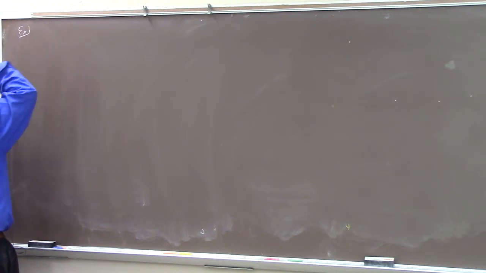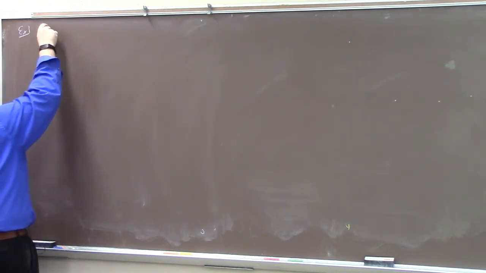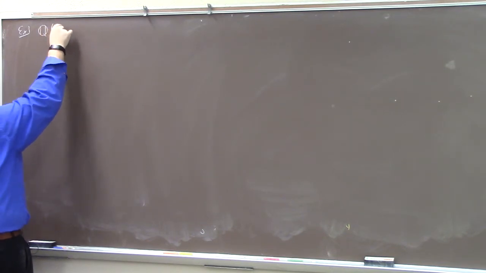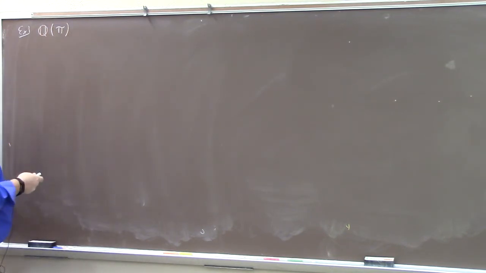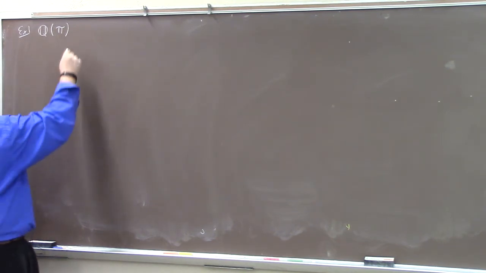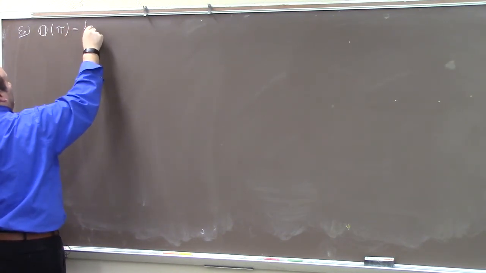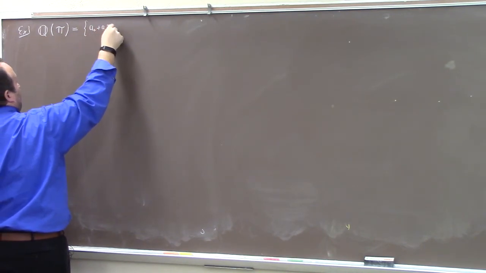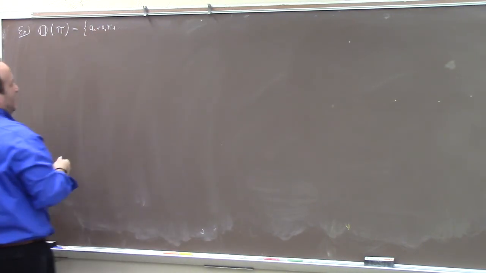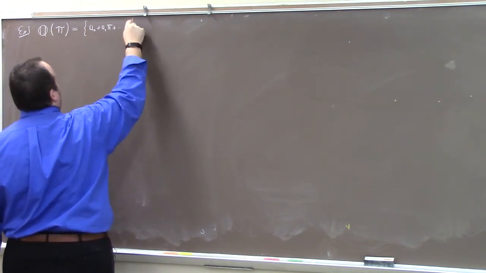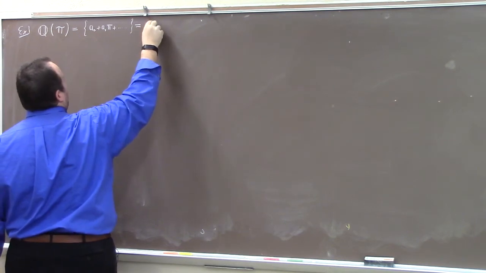This is kind of ugly, but if you take Q and adjoin pi, pi is a transcendental number over Q. So what this looks like is things of the form a0 plus a1 pi, and so on.